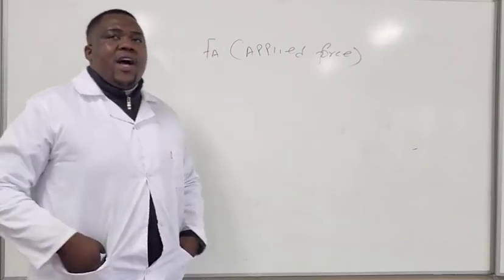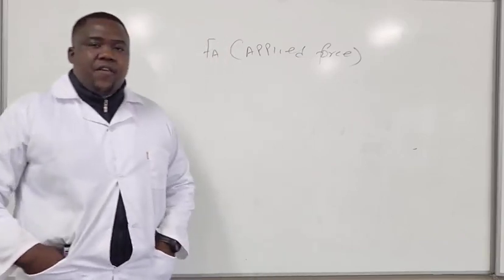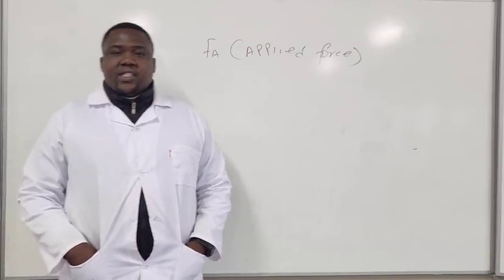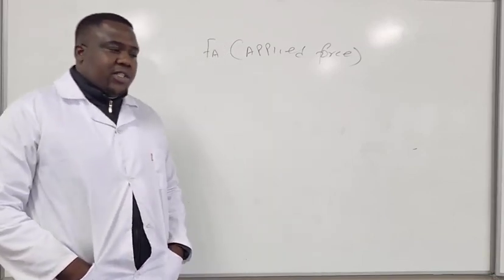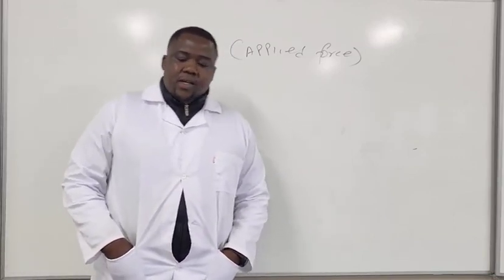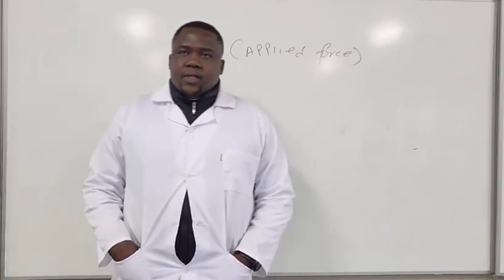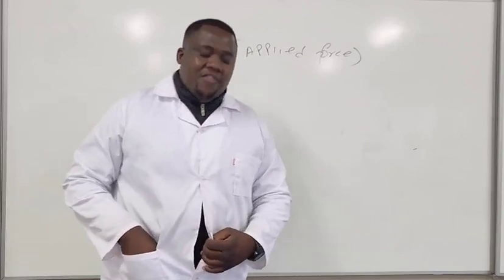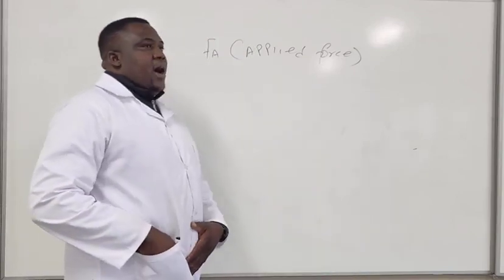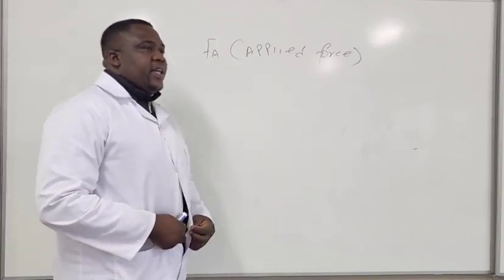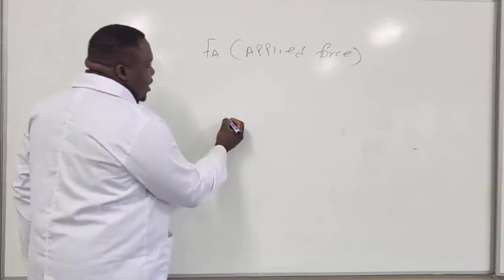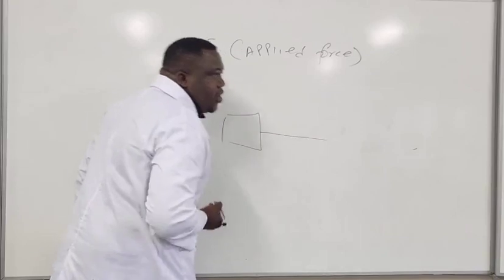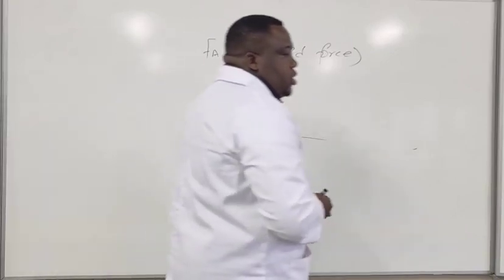We are going to have another form of applied force. When I apply a force on a string or a rope, we call that a special type of applied force, and we call it tension. So let's say this is an object, right? Then here there is a string or a rope.